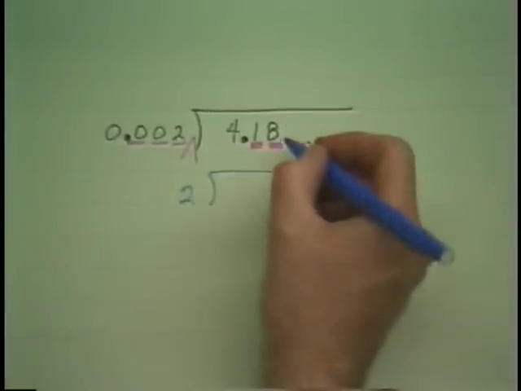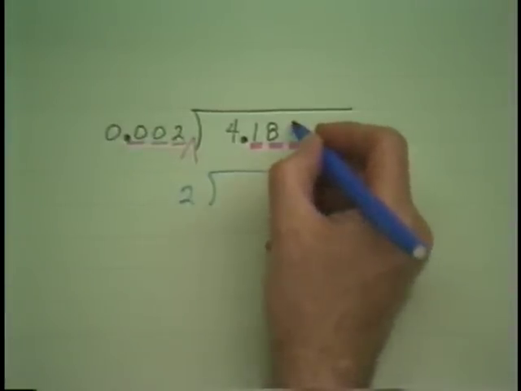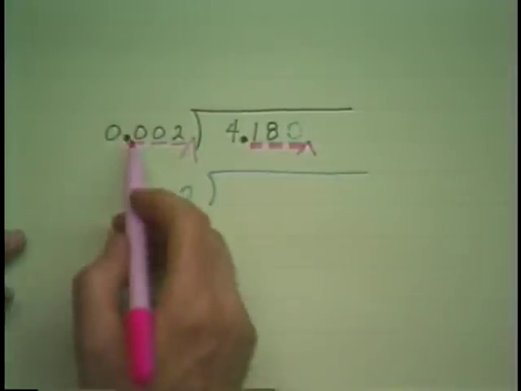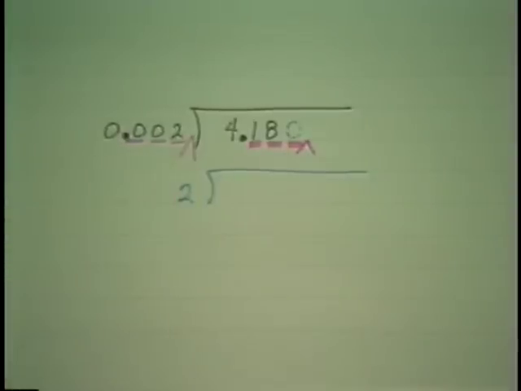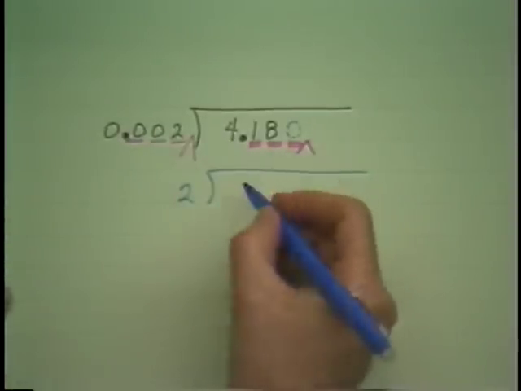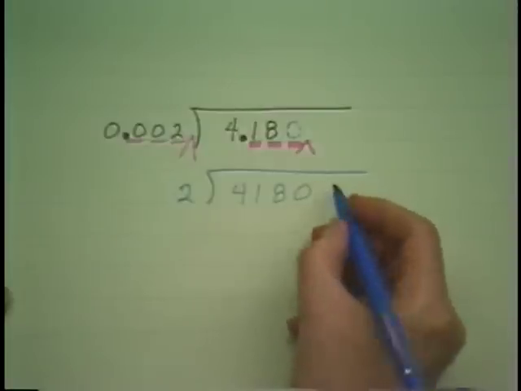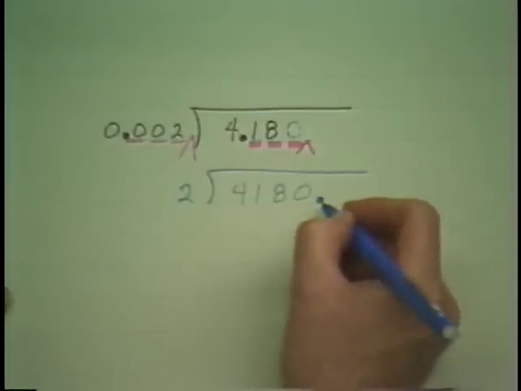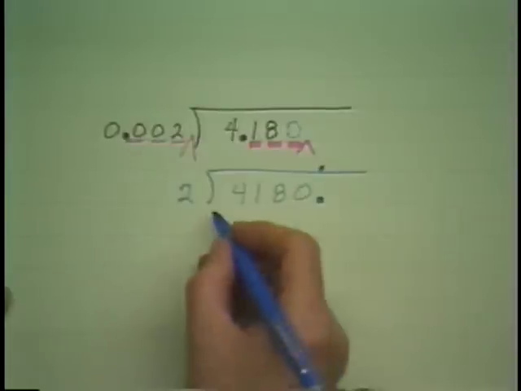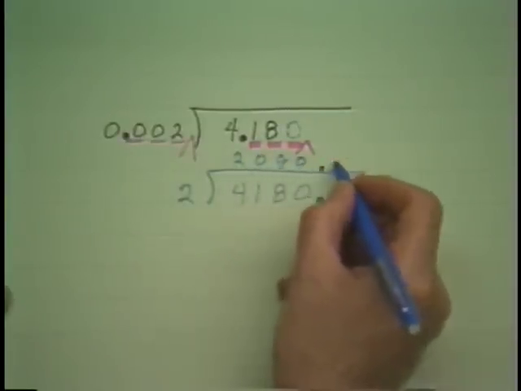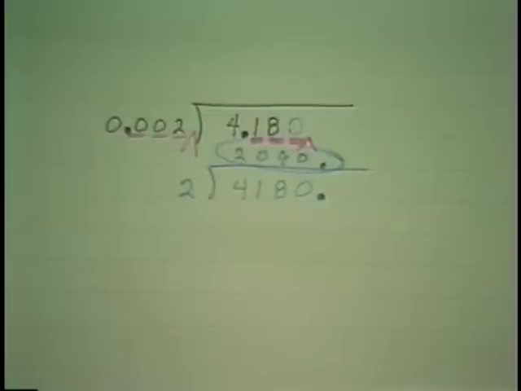If additional places are created, you use placeholder zeros. So my divisor has become 2, and my dividend has become 4180. Now the decimal point is here, goes straight up, and I divide. And I'm done. That's simple.